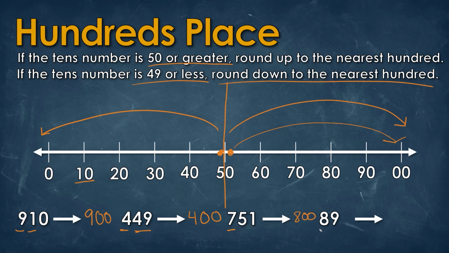There's no hundreds place in front of it, we just have the number 89. It's a little bit of a trick question, but we know if we went from 0 to 100, we're closer to 100 than we are to 0. Or we can see it as the value is greater than 50. It's 89, so we'll round up to 100.